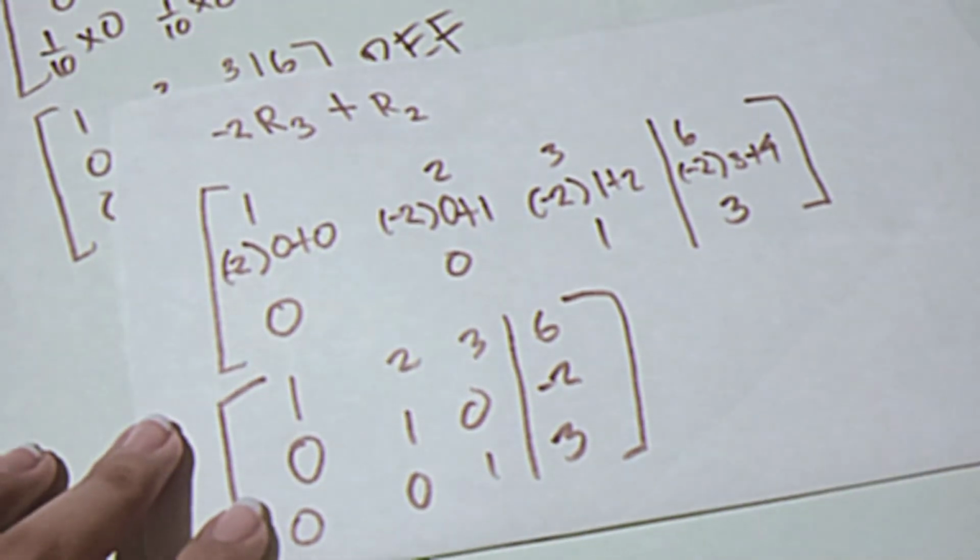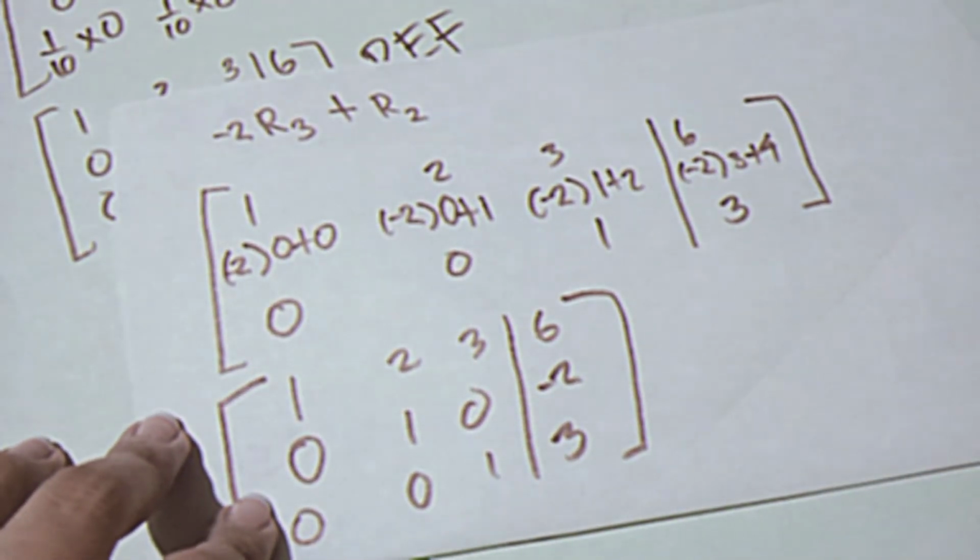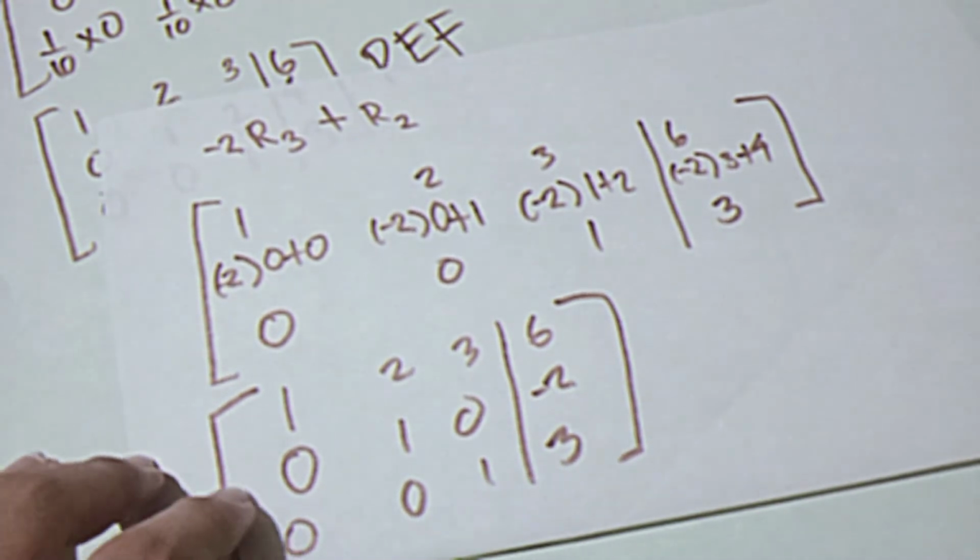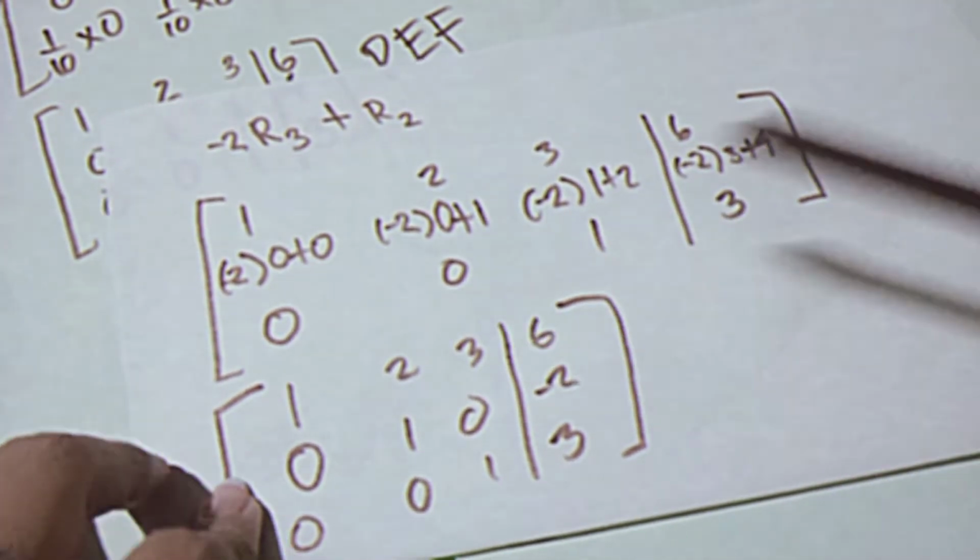And now, we add the negative 3 times the third row to the first row.